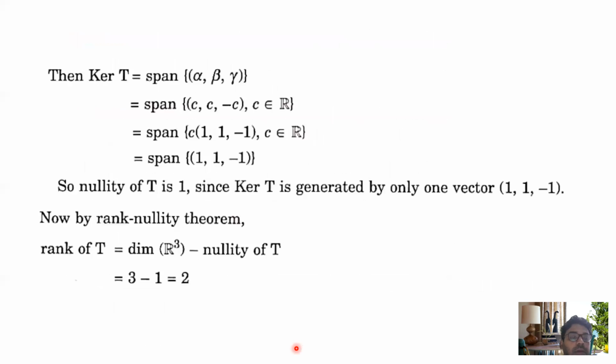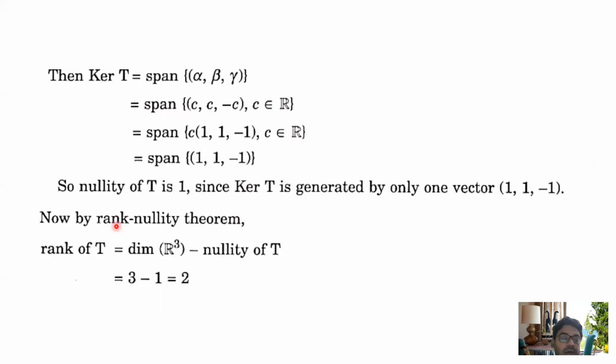Okay. Now kernel T is equal to the span of (alpha, beta, gamma), that is (C, C, -C). If I take C common, where C is an arbitrary real number, it is C times (1, 1, -1). So every vector of kernel T can be expressed in terms of the vector (1, 1, -1). Therefore the nullity of T is 1, since the kernel of T is generated by only one vector.